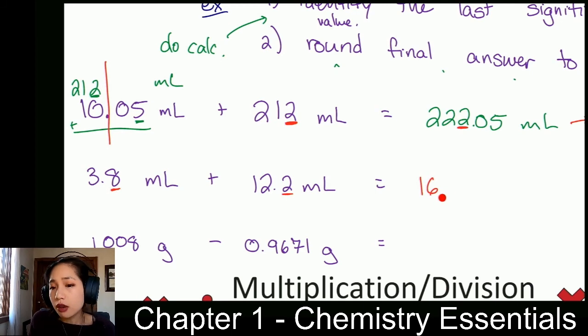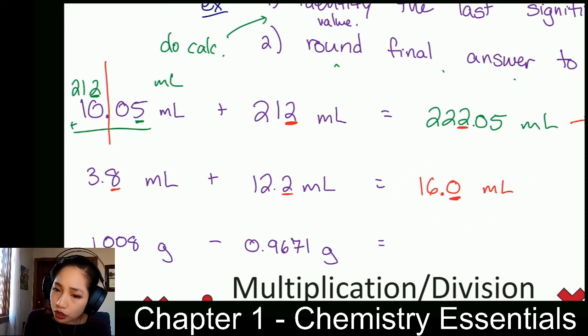Even though the calculator did not spit out a digit in the tenths place, we need to put it there. We need to convey the amount of confidence we have in this value. And so the correct answer here to the correct number of significant figures is actually 16.0 milliliters. We actually have to add that 0 because both the digits that we put into this calculation end in the tenths place, so our answer also has to be conveyed to the tenths place, and that's what I have here.